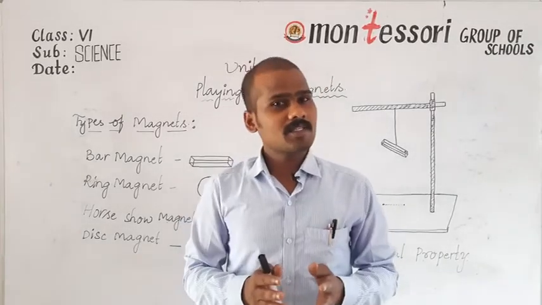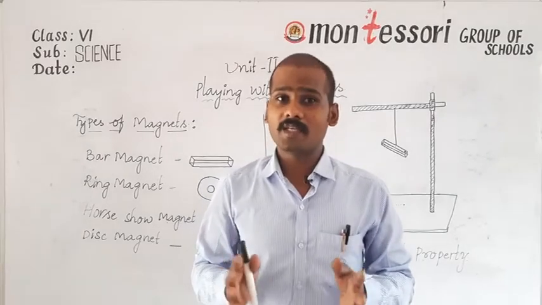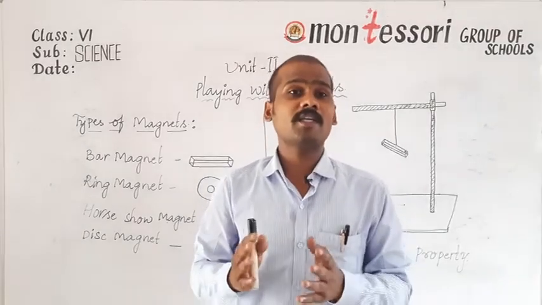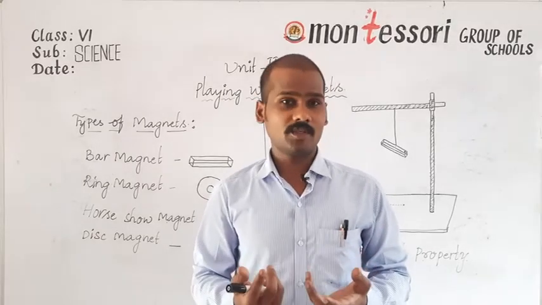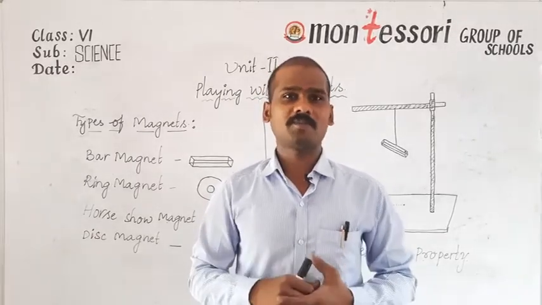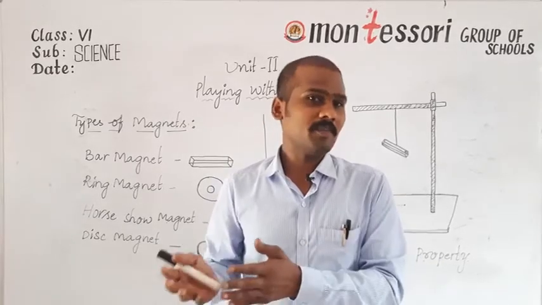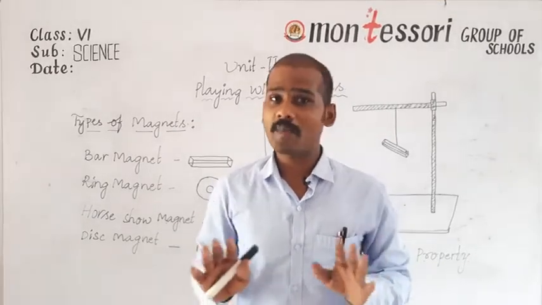And those materials which are not attracted by a magnet are called non-magnetic materials. For example, paper, wood, cloth, etc. So these are called non-magnetic materials. They won't get attracted to the magnet.